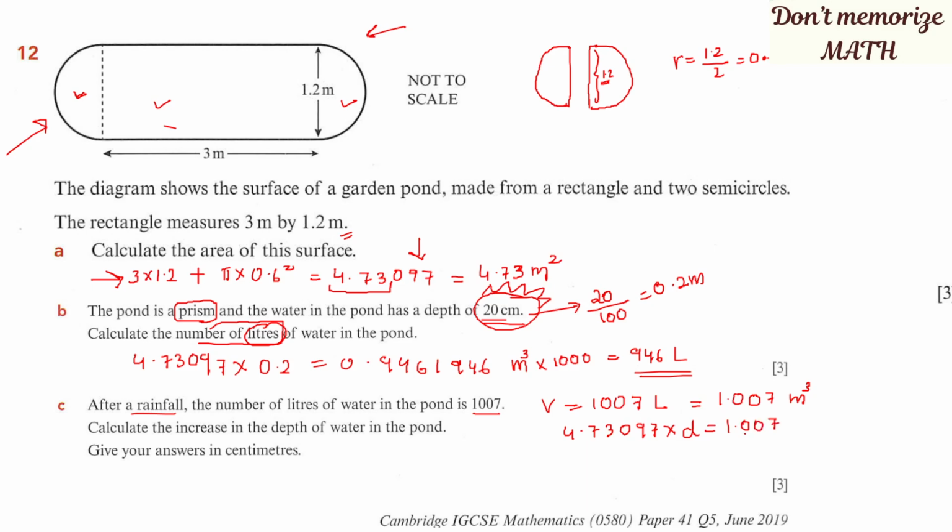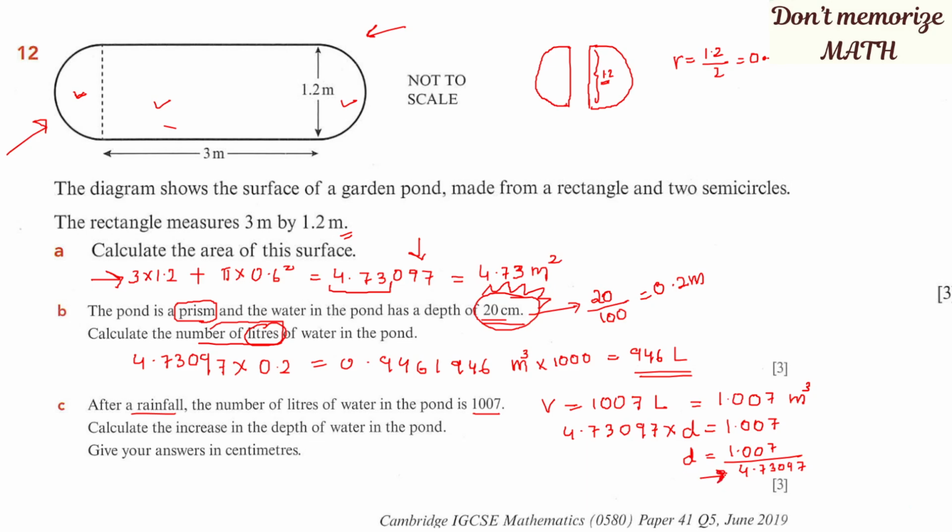So depth will be 1.007 divided by 4.73097. Here you need to type the value because the final answer is not the same. Okay, so use the fraction button. 1.007 divided by 4.73097. Don't take this here as 3SF answer.